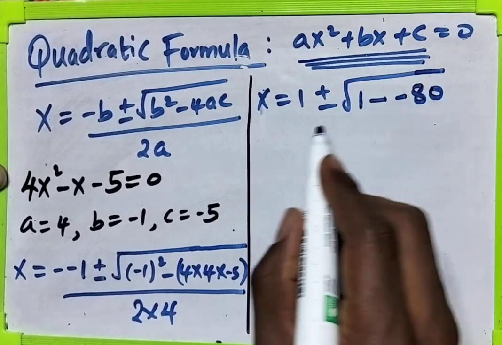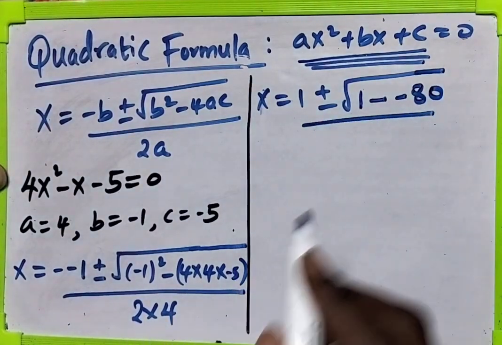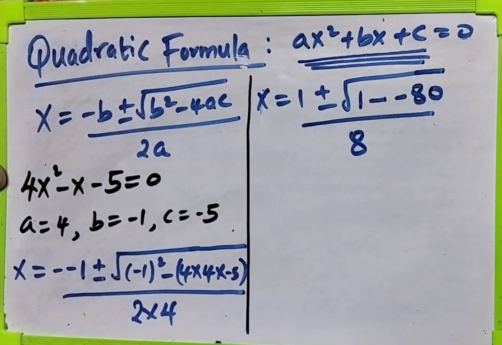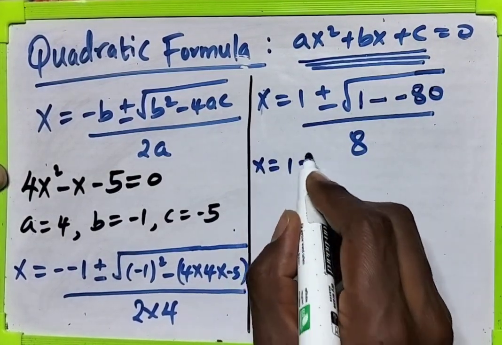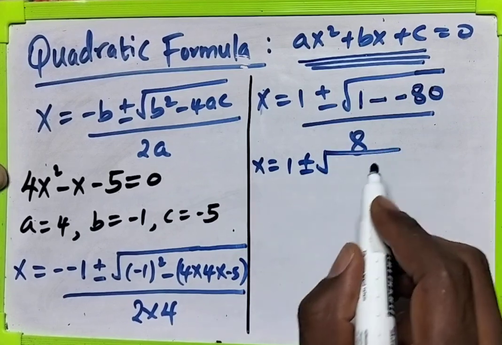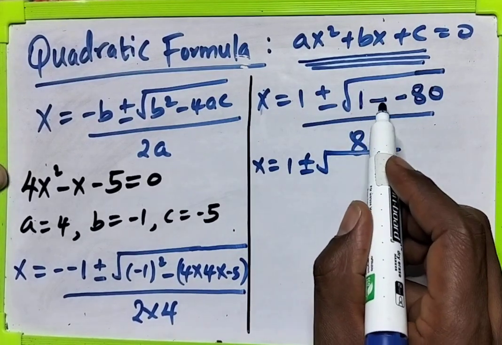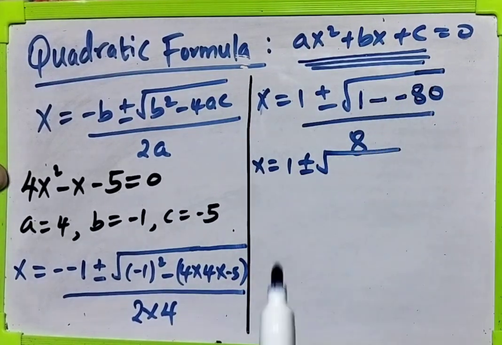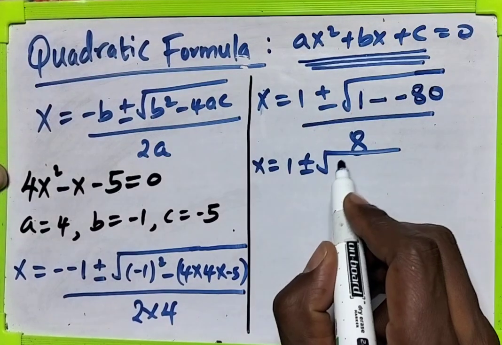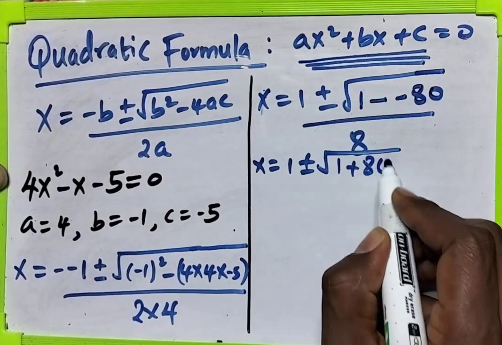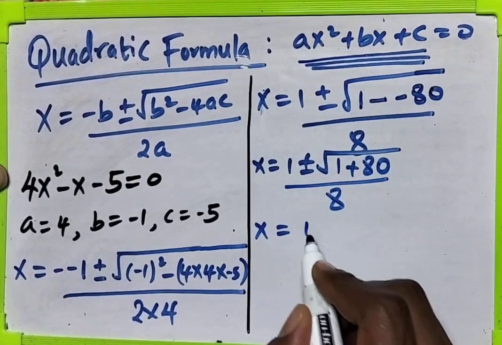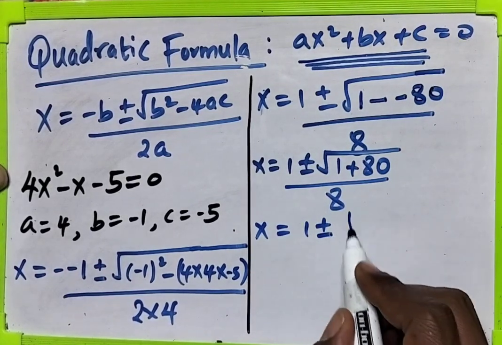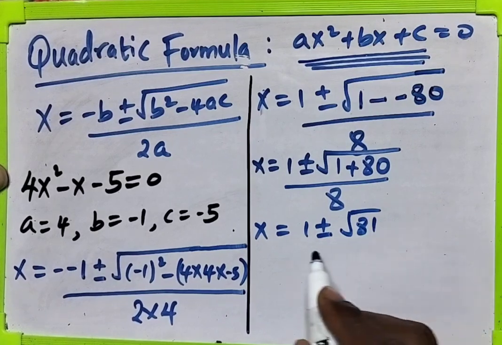Then all over 2 times 4, which is 8. We deal with the square roots. x is equals to 1 plus or minus the square root of 1 minus -80. When negatives follow each other, it shall be 1 plus 80. Then over 8. x is equals to 1 plus or minus the square root of 81 over 8.